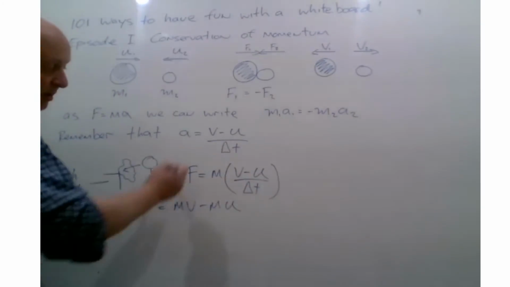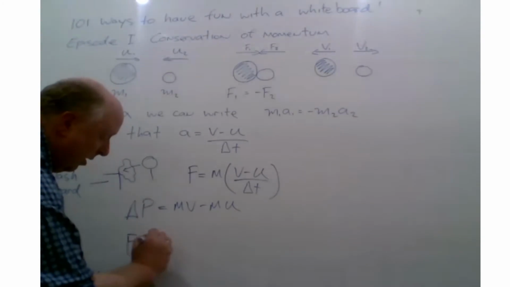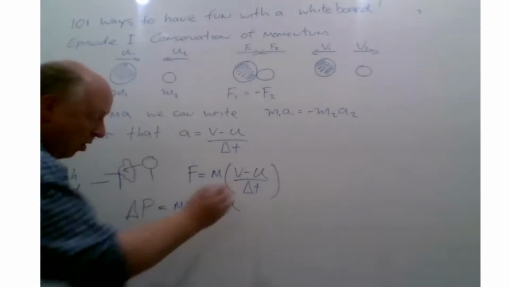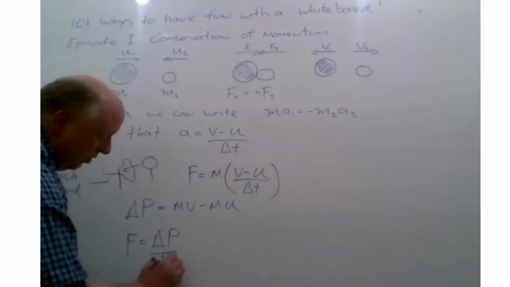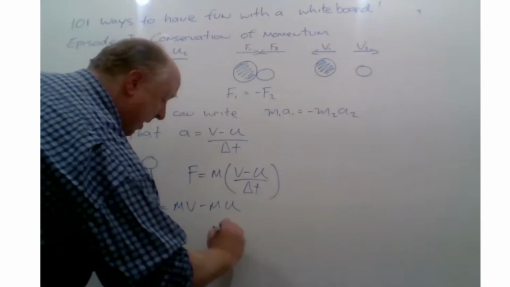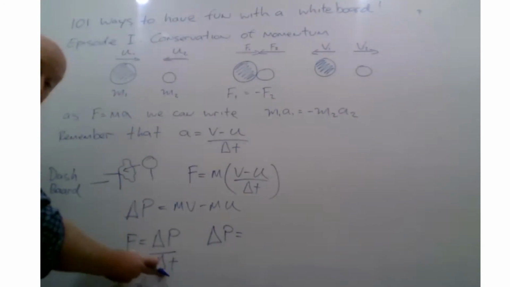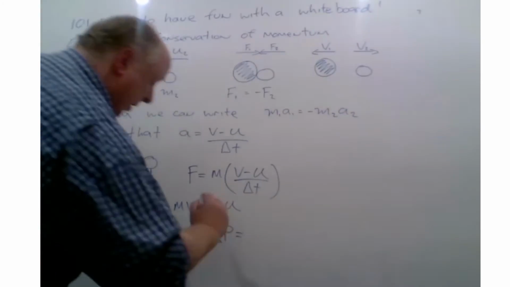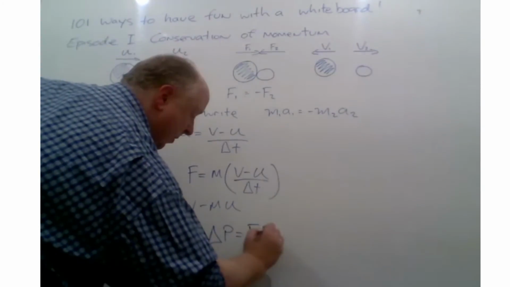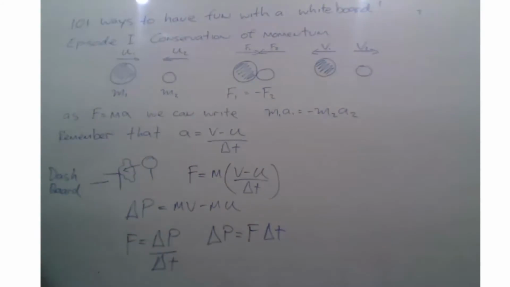And so we can rewrite a new expression for force now: force equals this change in momentum over change in time. Or of course we can write change in momentum equals the force that's applied to do it times the time that that force is applied, F delta t.